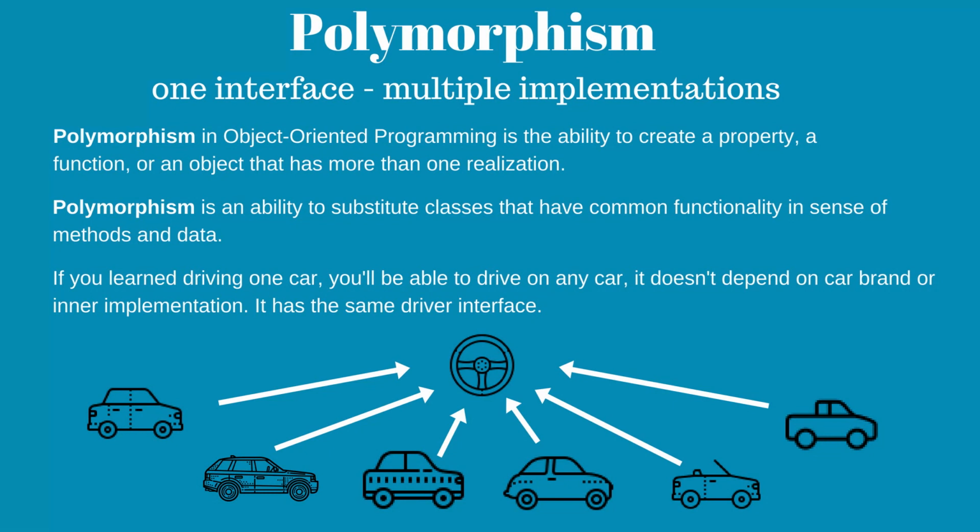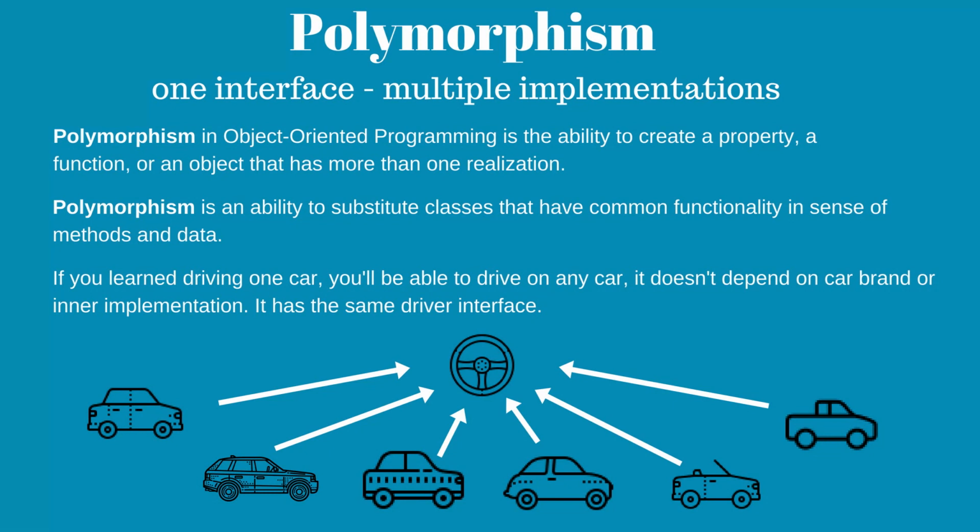The other definition can be that polymorphism is an ability to substitute classes that have common functionality in the sense of methods and data. In other words, it is an ability of multiple object types to implement the same functionality that can work in different ways, but supports the common interface.